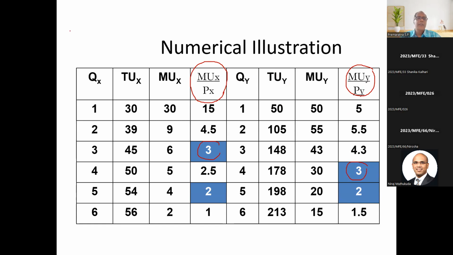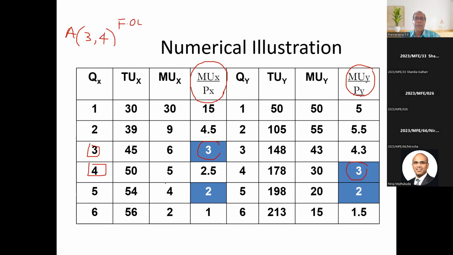In that way, one basket, which I label A, is when you buy 3 units of X and 4 units of Y. That first order condition is satisfied.